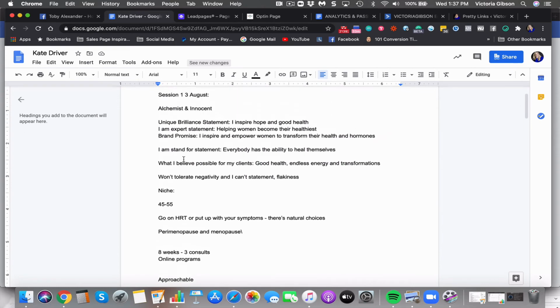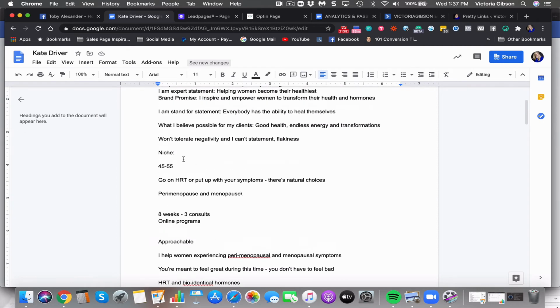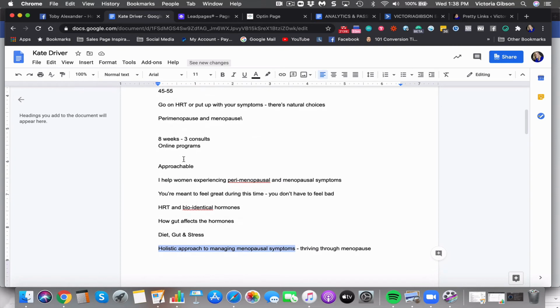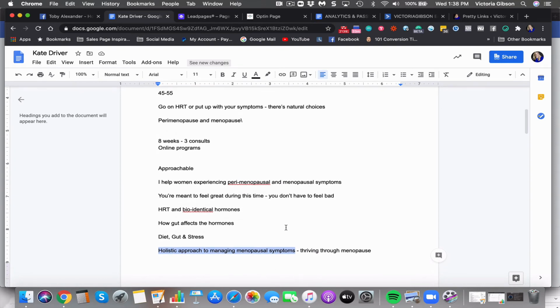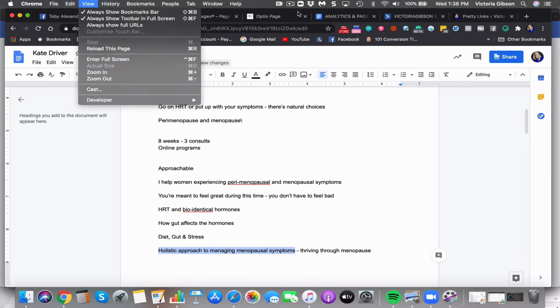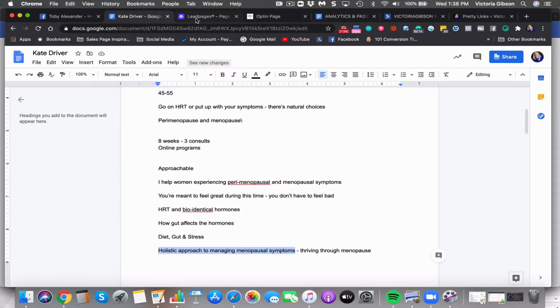Maybe just put in transform their health and their hormones. Holistic approach to managing menopause. So let's put that in.